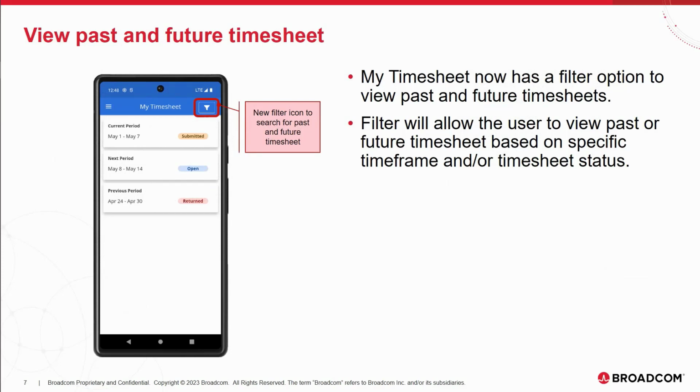We have removed that, so now you will no longer see that link which showed all past time periods, and instead we've now added a new filter option. The filter is going to be on the top right of the page, which will then allow the user to filter for timesheet based on status and time period.